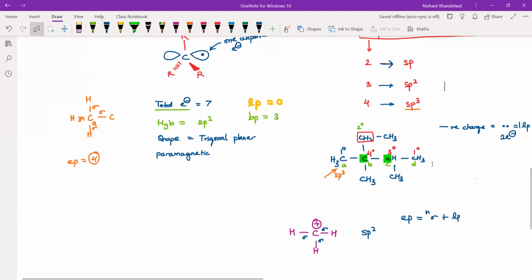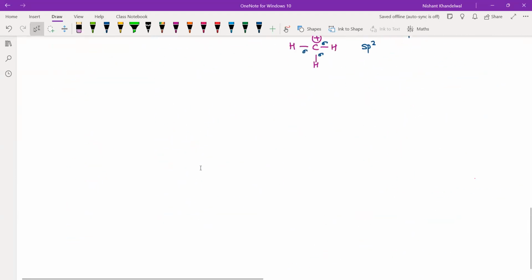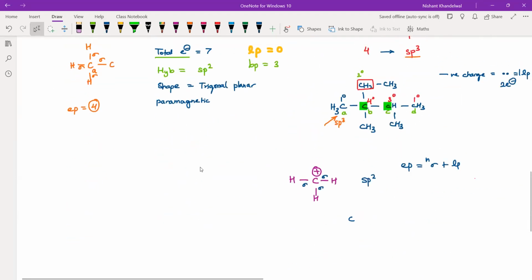Now for a free radical, can you tell me the same? Again it should be sp2 because there is no lone pair. Now I am taking carbanion. We will be discussing stability just now after this one.